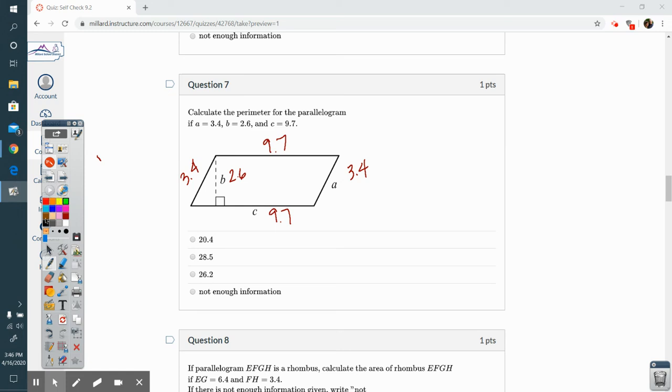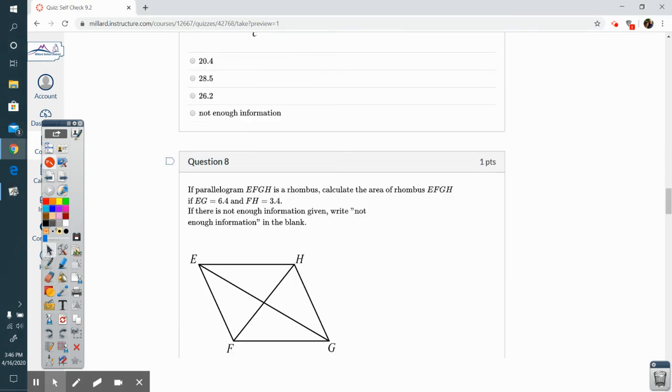And that equals for me 26.2 right here. I somehow clicked on a different color, but no big deal. I'm going to change color. Okay, we'll erase that, move to the next problem.